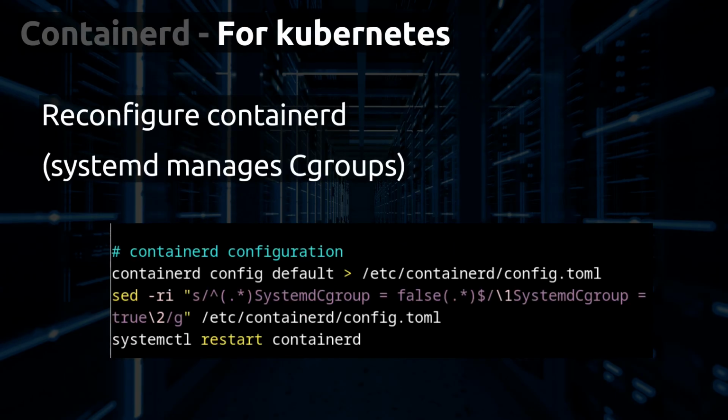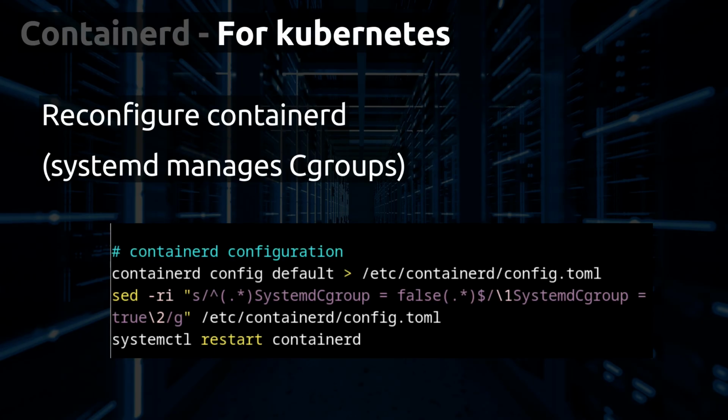Of course, there is the installation of Containerd, and then we will just reconfigure Containerd. By default, Containerd can manage cgroups directly because it's a high-level container runtime, and it just uses runc. By default, we have a parameter SystemdCgroup set to false.